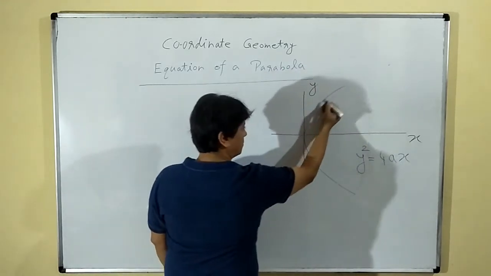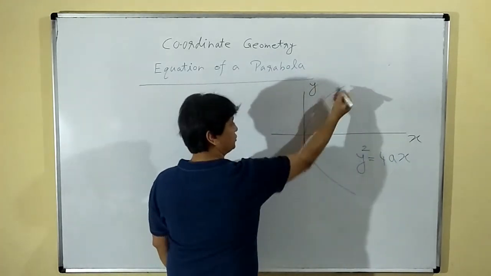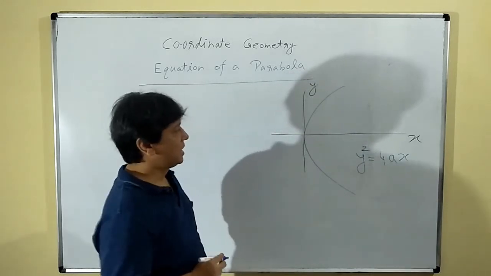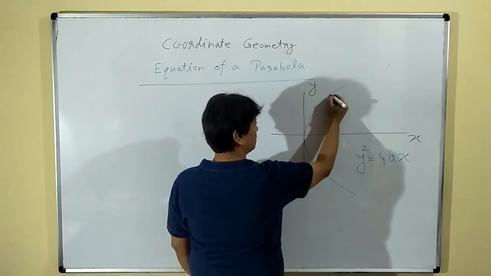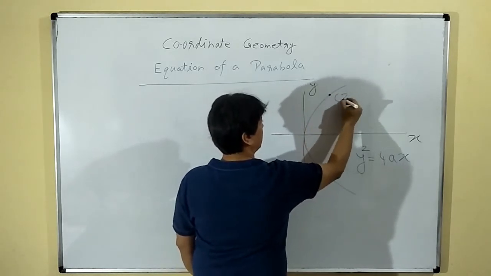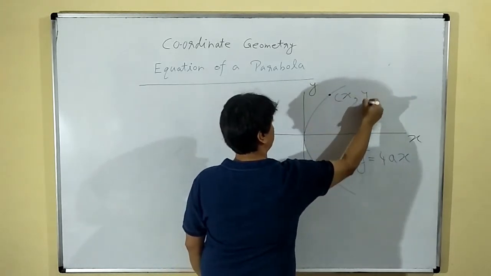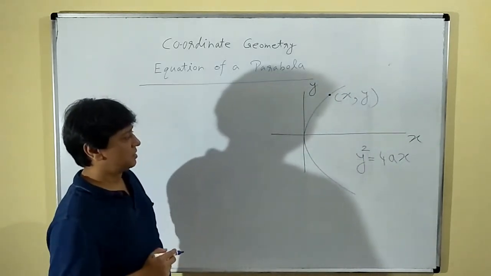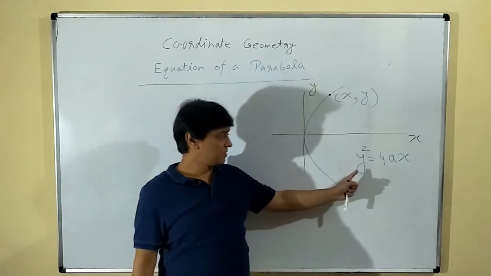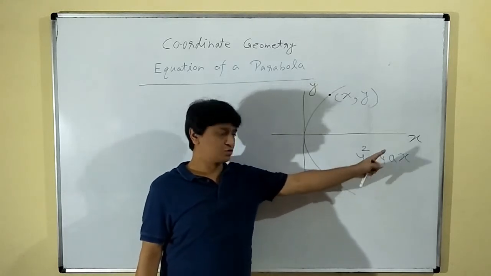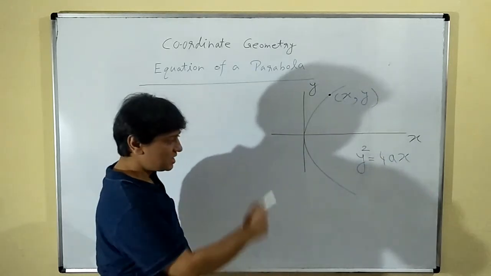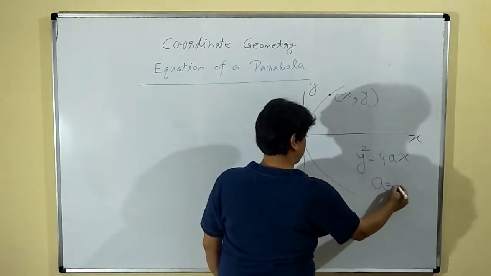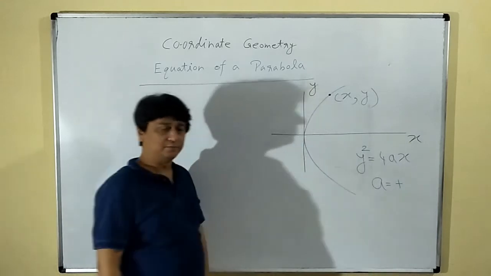This blue curve which you see is a parabola. If you have any point x comma y on this curve, then its equation is given by y square equals 4ax. In this setup, your a is positive.